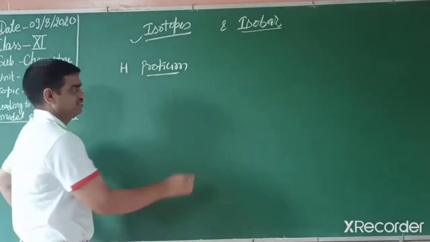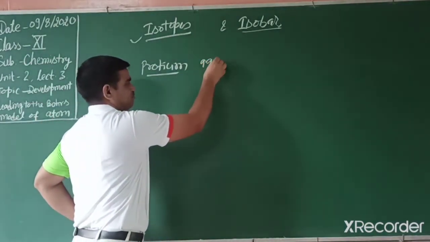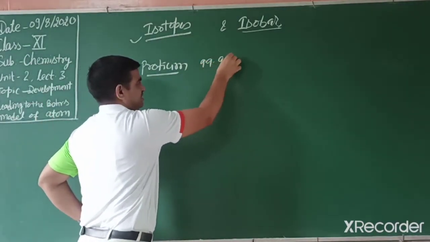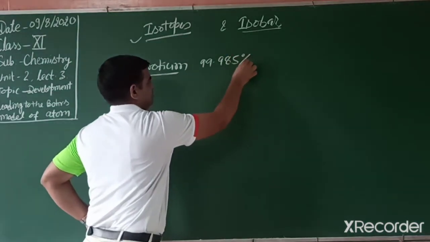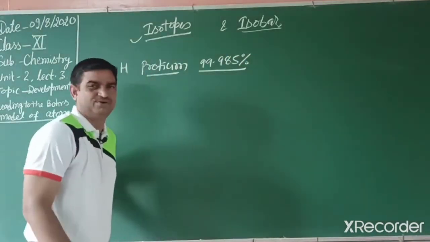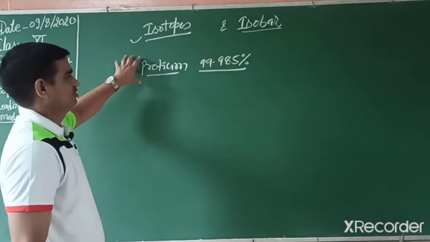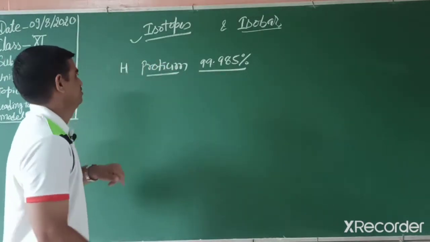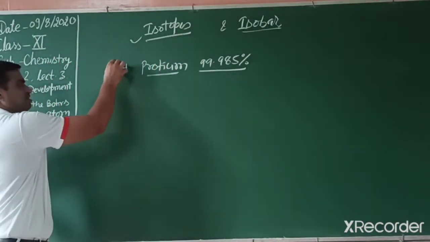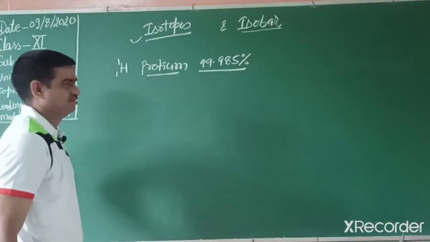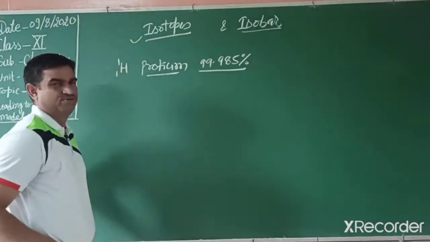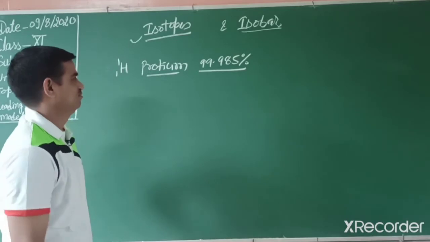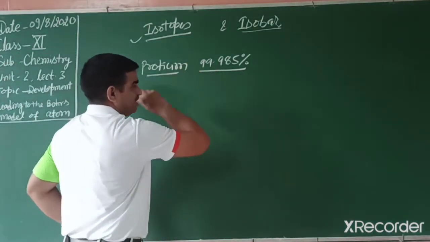This is found in nature at 99.985%. Students, this composition is given in your NCERT book. This hydrogen, protium, is represented as 1, 1. It means there is no neutron, only 1 electron and 1 proton, found at 99.985.